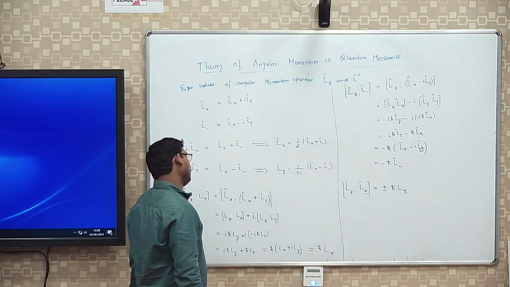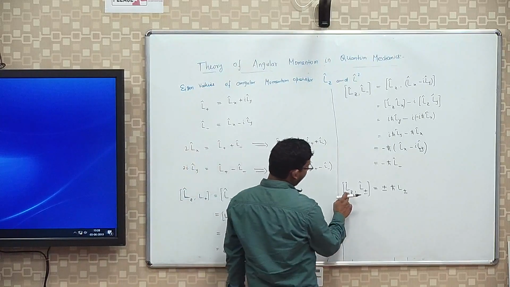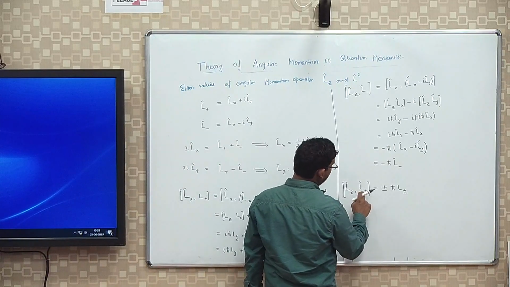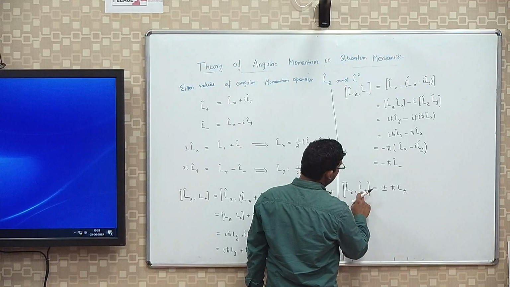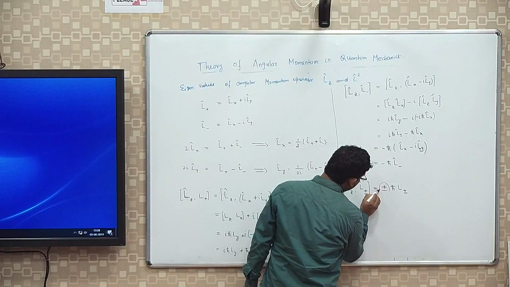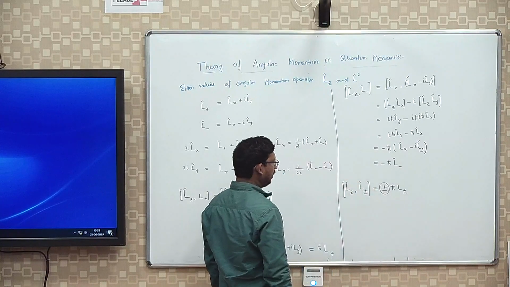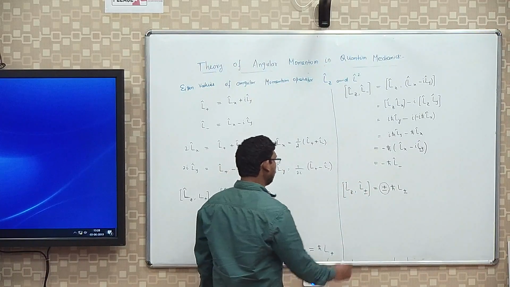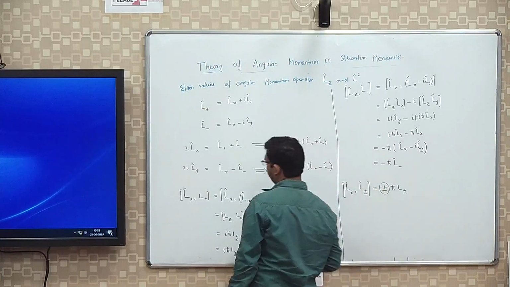So the commutation of Lz with L plus and L minus will give you plus or minus 1 as an eigenvalue. These are all the eigenvalues.